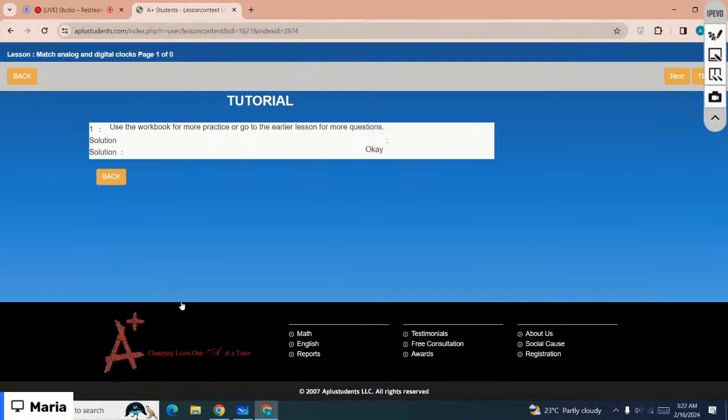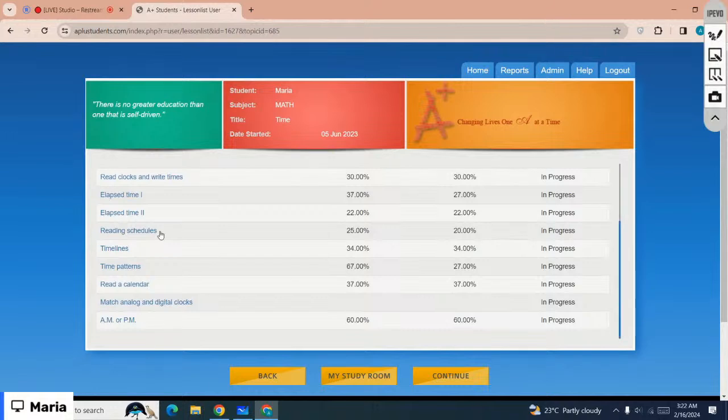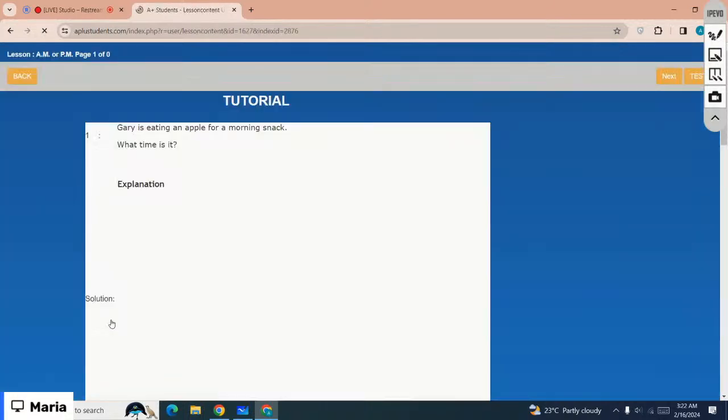Okay, use the workbook for more practice and go to earlier lessons for more questions. Okay, this one is not available right now, right? And the next lesson is AM or PM, right?